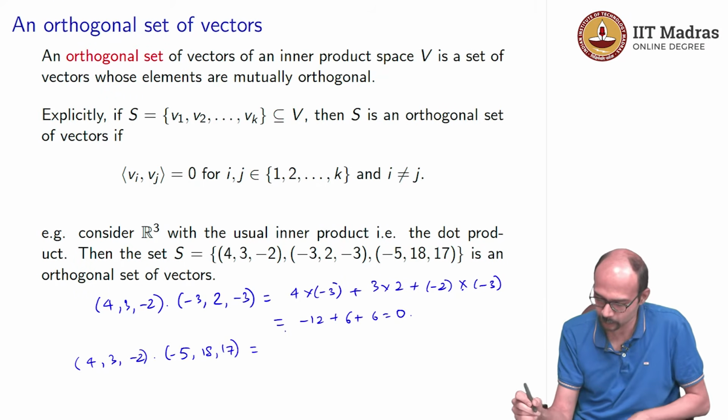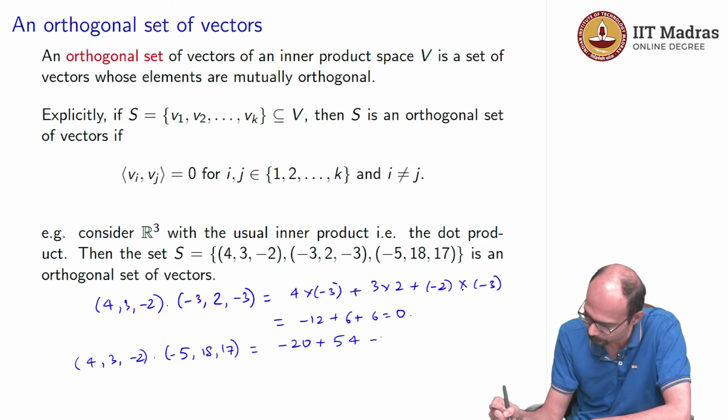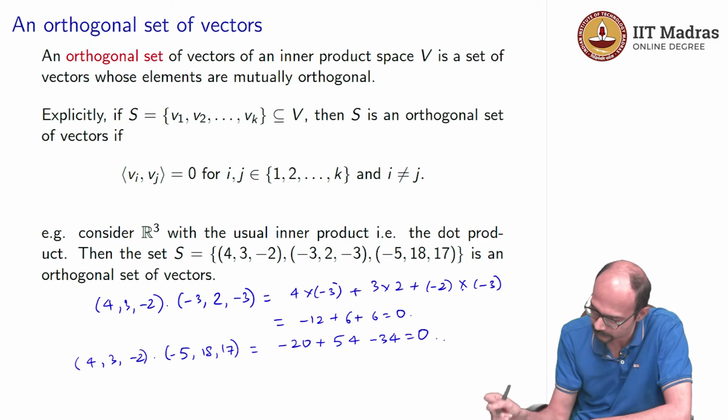So, if you do this, you get -20 plus 54 minus 34 and indeed that is 0.